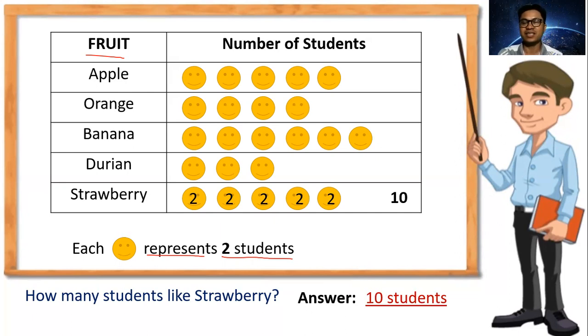So this is an example of a pictograph. We use pictures, symbols to represent data. This example shows the number of students and their favorite fruits.